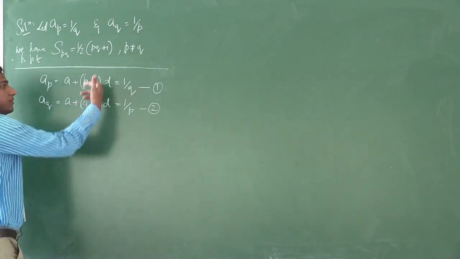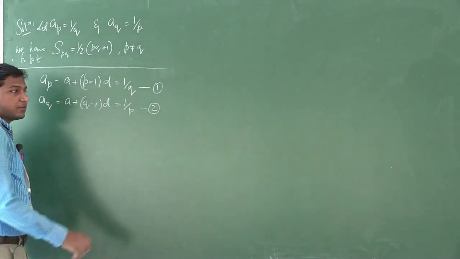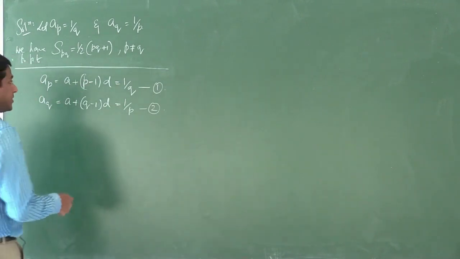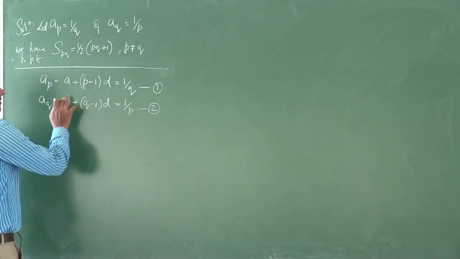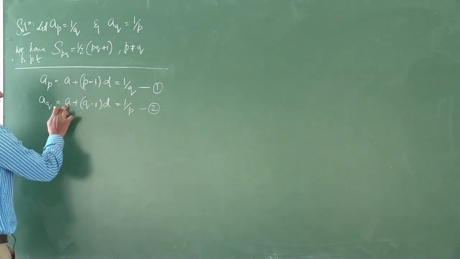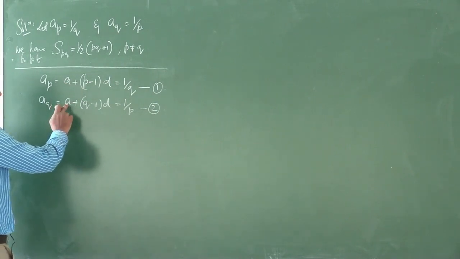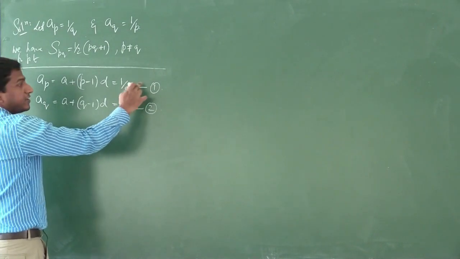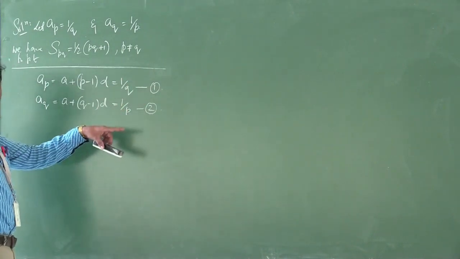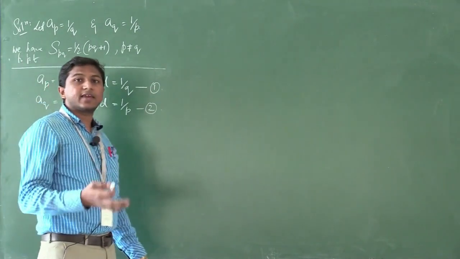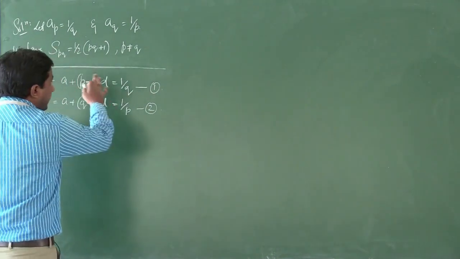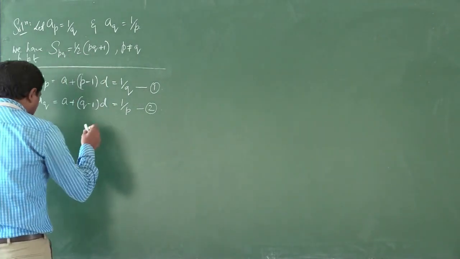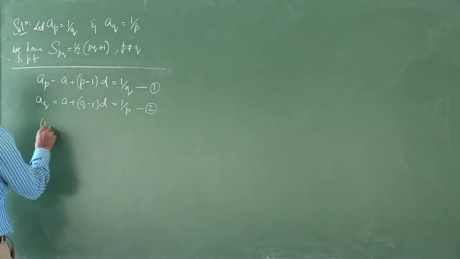You can see that you have a here, I have another a here. So if I perform the difference between the first and the second equations, a gets cancelled, right? So I am left with only d. I can find out the value of d. So I will perform this operation.